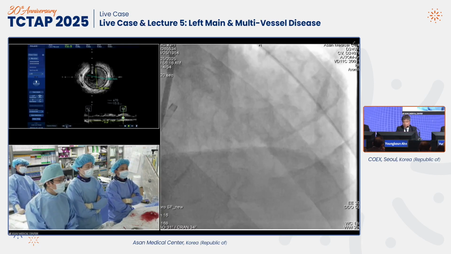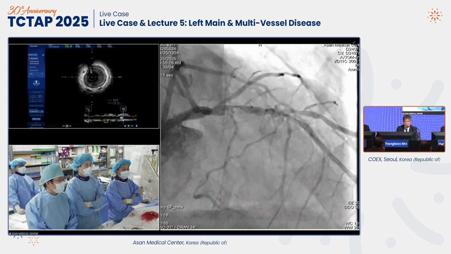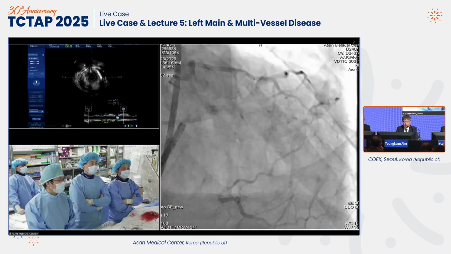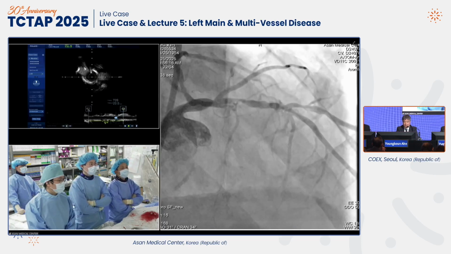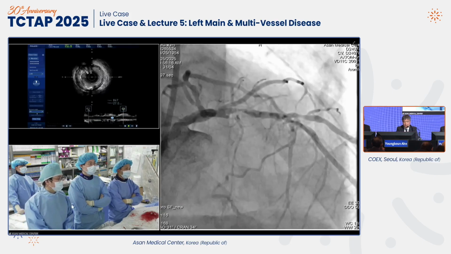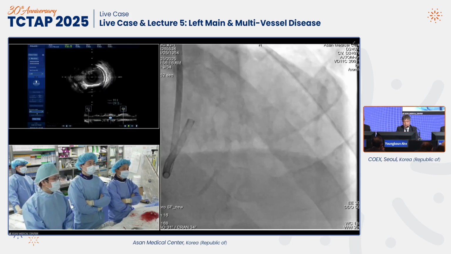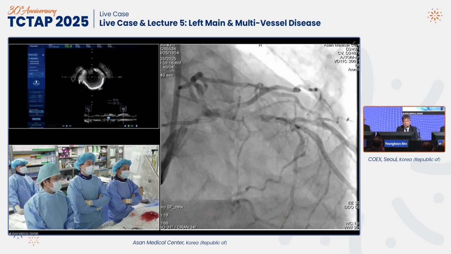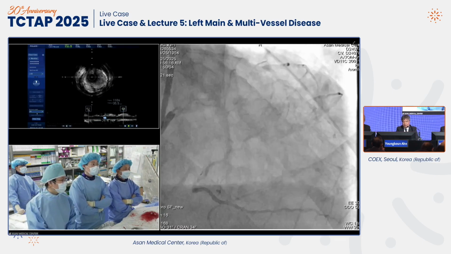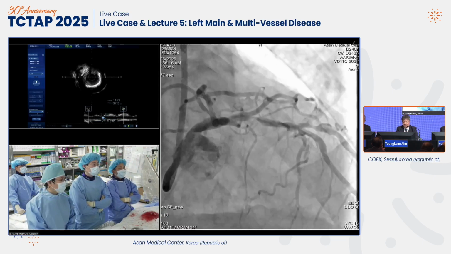If we make it too long and too tight, I don't want to make some compromise in side branches, because if we lose some side branches, it's not good for the patient. So could you imagine how we can cover the stent implantation in the LAD?